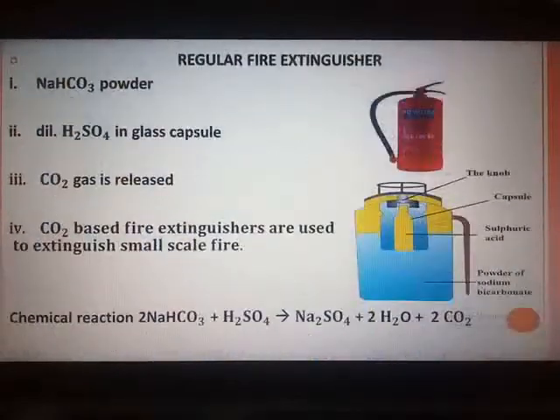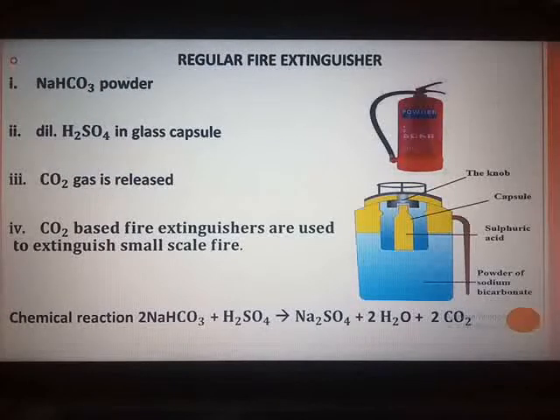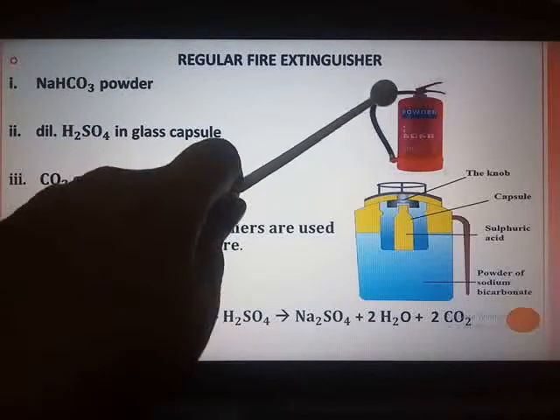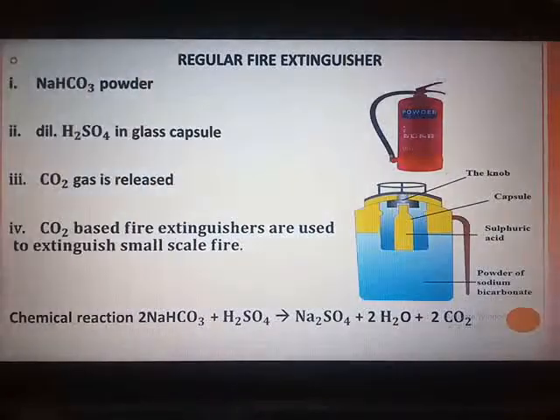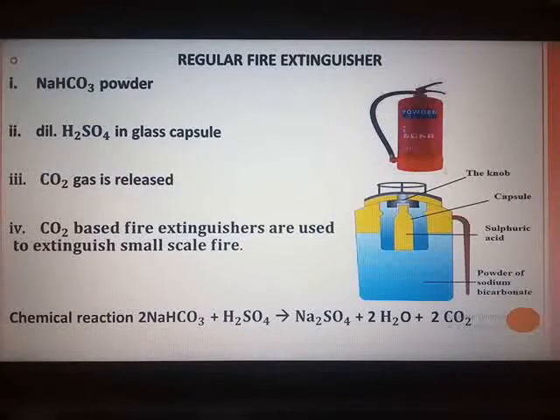In our last session, we had seen the different uses of carbon dioxide. Under that, we had seen how carbon dioxide is one of the components of your regular fire extinguisher. Now, here you can see the outer appearance of a fire extinguisher, and this is the inner lookout.